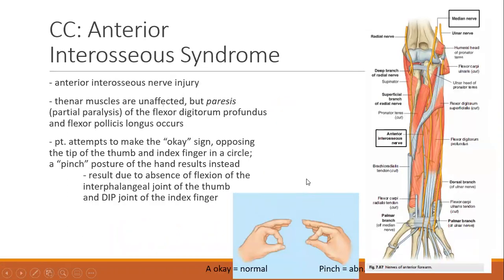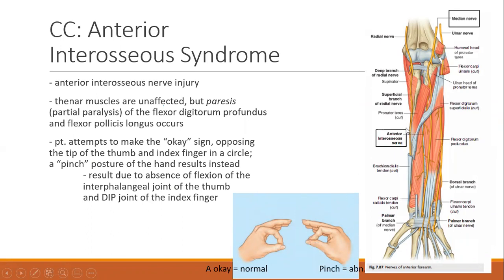Anterior interosseous syndrome is something that comes up in relationship to a branch off of the median nerve. The way that you test to see if the anterior interosseous nerve is still working properly is you ask your patient to form the OK symbol. If they're able to put the tip of their finger to the tip of their thumb and close off that O, you know that the anterior interosseous nerve is fine. Versus if they flatten out that finger, they give you the pinch, that's abnormal.